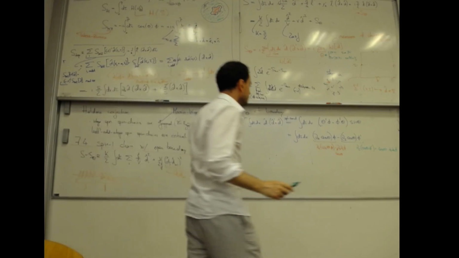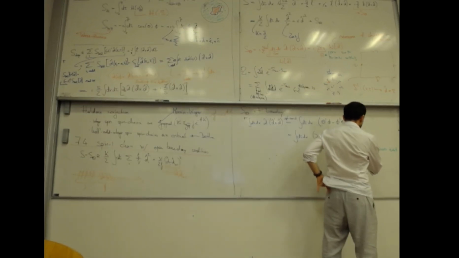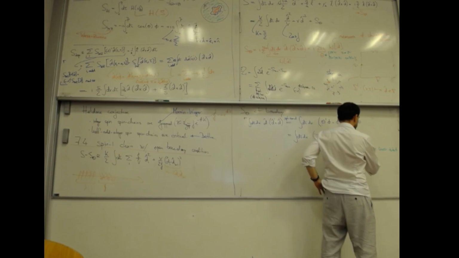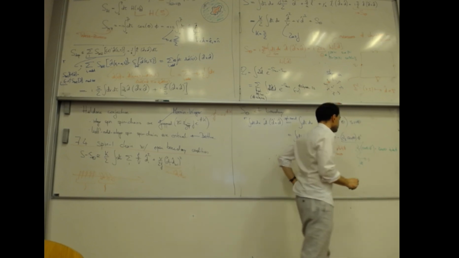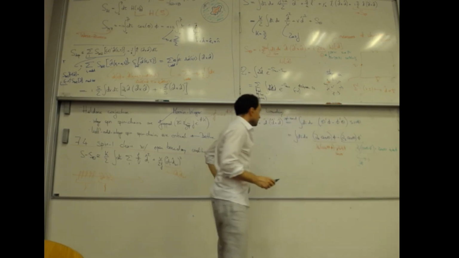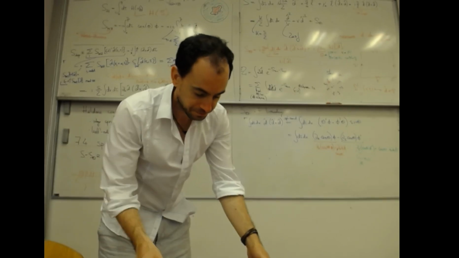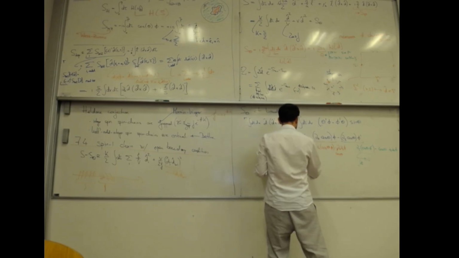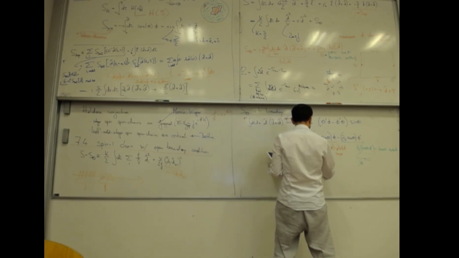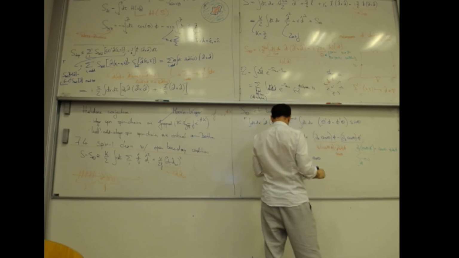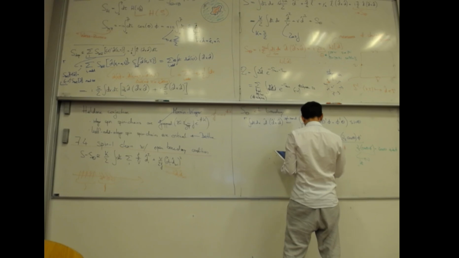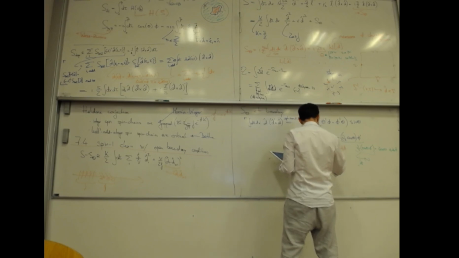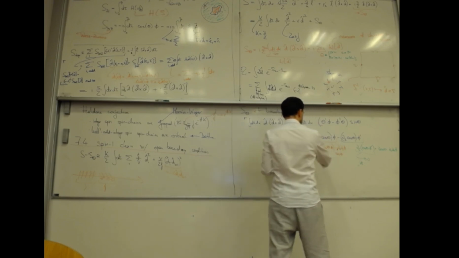We use that we do have periodic boundary conditions in the tau direction, so this guy goes to 0 upon integral over tau. So we get the integral of tau dx of dx cos theta phi dot. This is this part here.